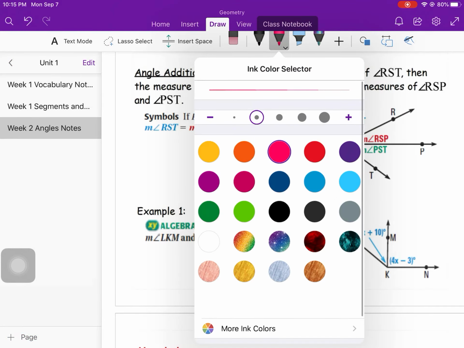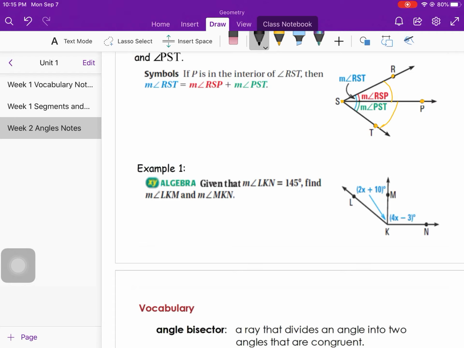So down here, for example 1, it says, given that the measure of angle LKN, so that's the big angle, LKN, find the measures of LKM and MKN. So we know that these two angles together are going to form 145 degrees.